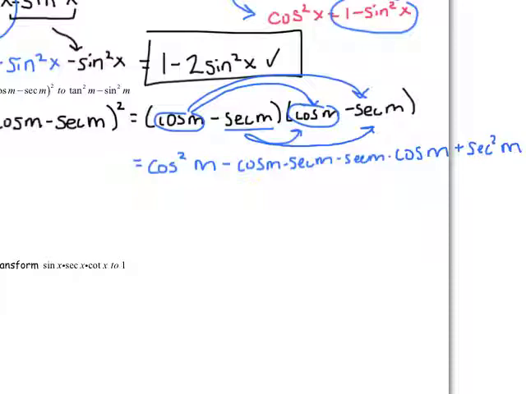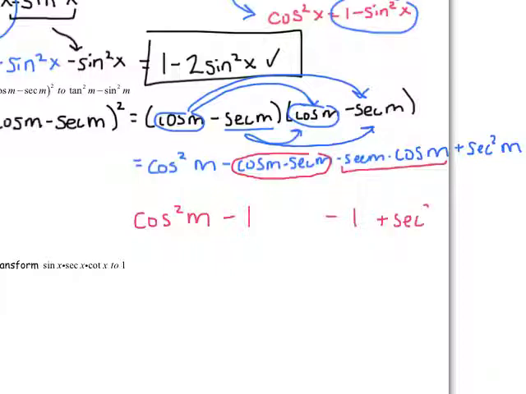I did this in a long version because I assumed that this is how y'all would do it, but these guys right here are called reciprocals. We talked about this on the front page, and they multiply to 1. So I have cosine squared m minus 1 minus 1 plus secant squared m.